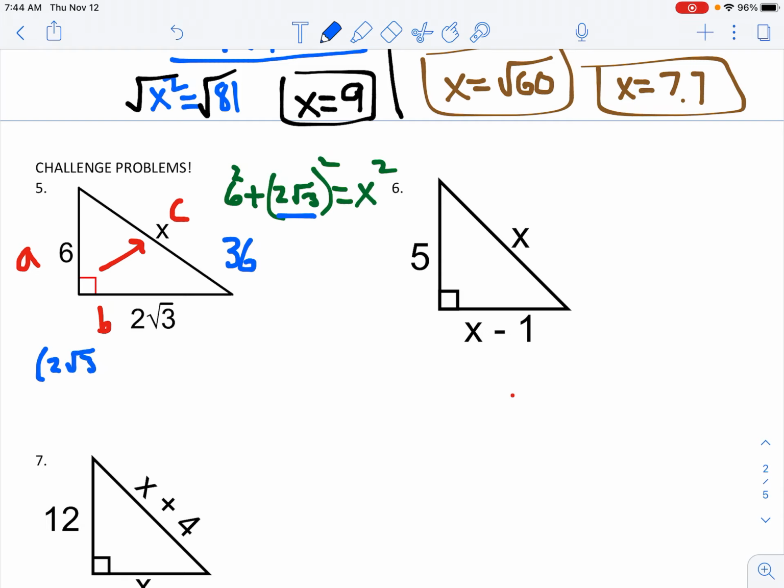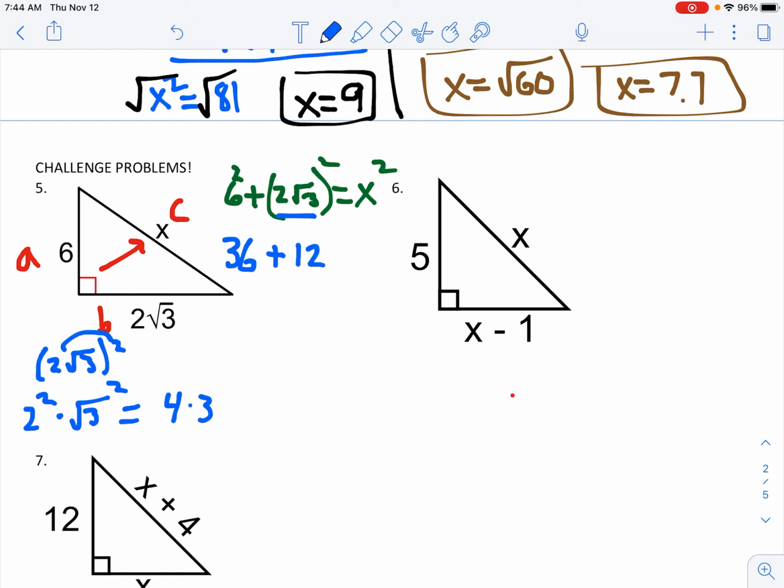2 root 3 squared means that I'm doing 2 squared times root 3 squared. 2 squared is 4. Root 3 squared just cancels the square root, so that turns into 4 times 3. So this number technically turns out to 12. So if you don't have a calculator, you're squaring both terms inside.